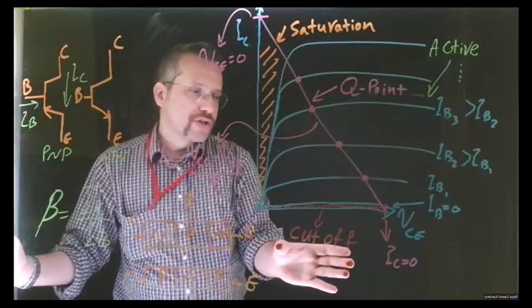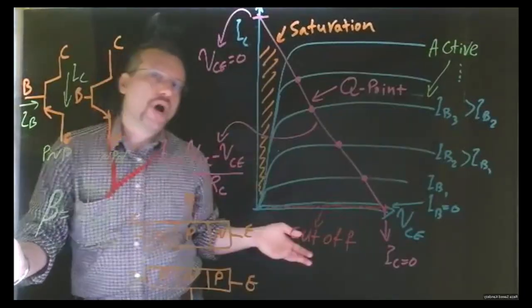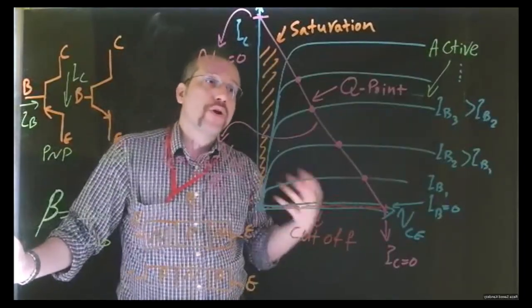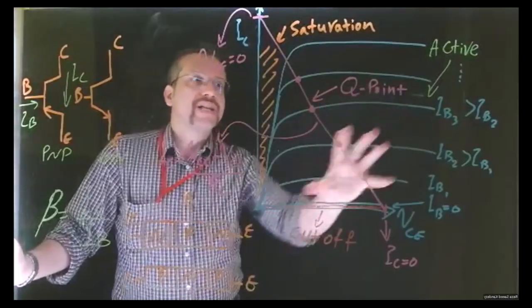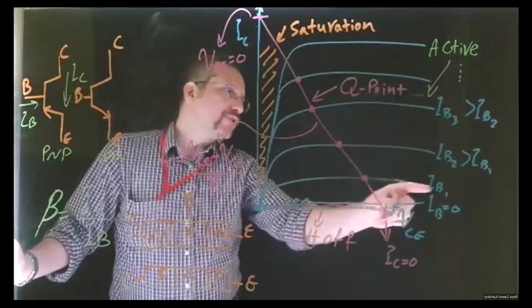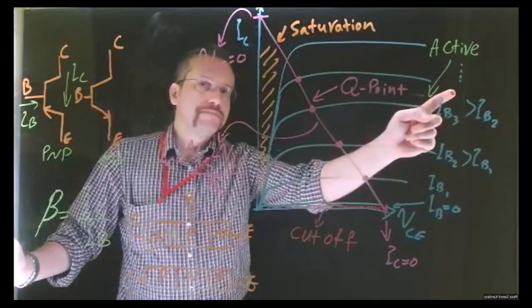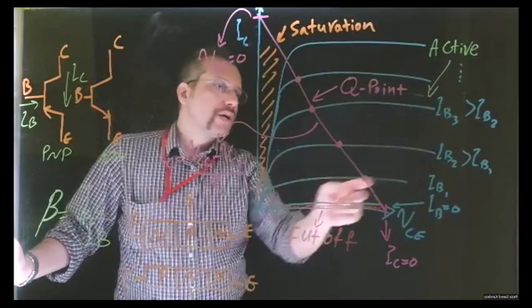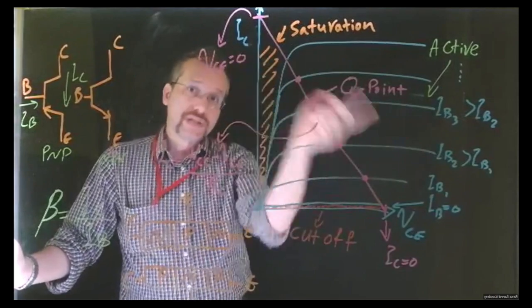So cutoff region is when we don't want to conduct current here, so the switch is off. But when we want to use the switch in on mode, we want to be in the active region. And as you can see, as much as you increase the IB, you are going to increase the IC. We said it's proportional.